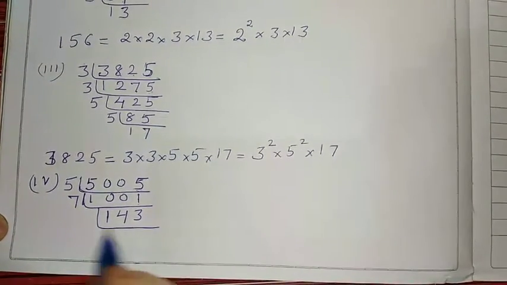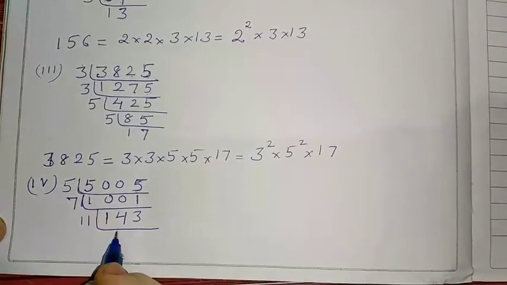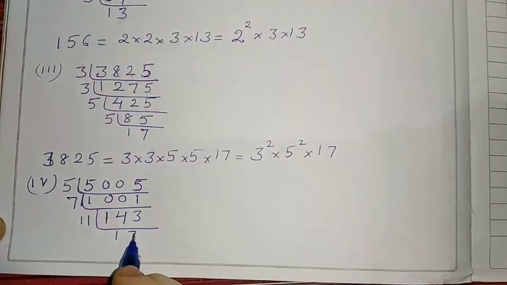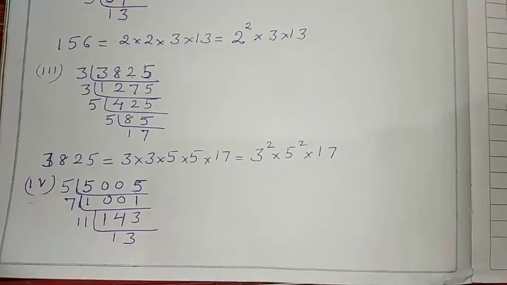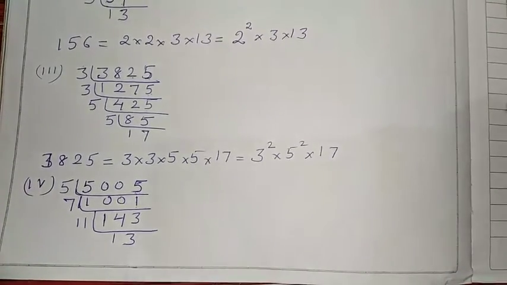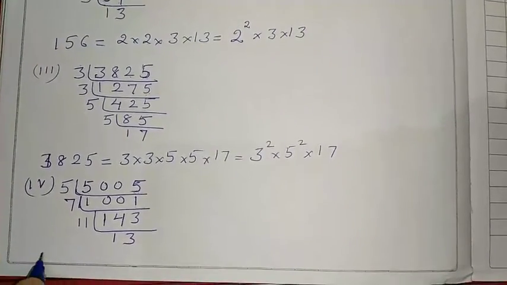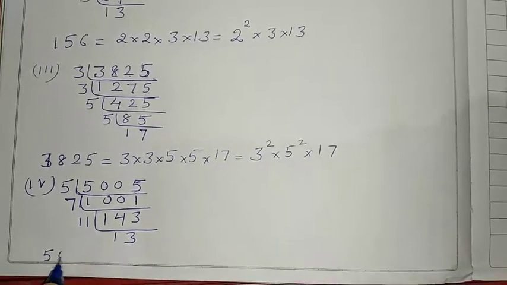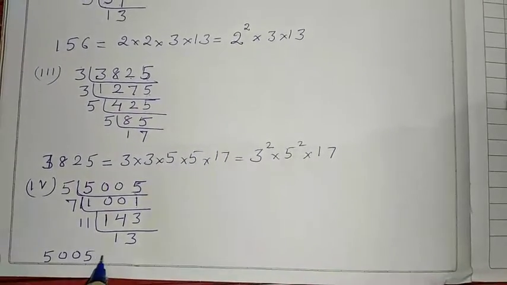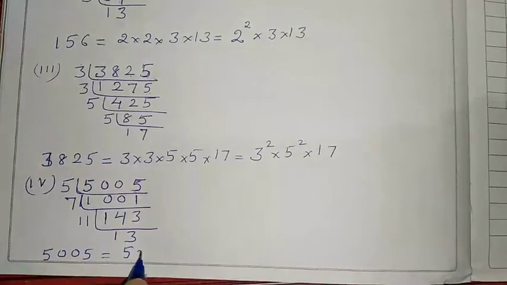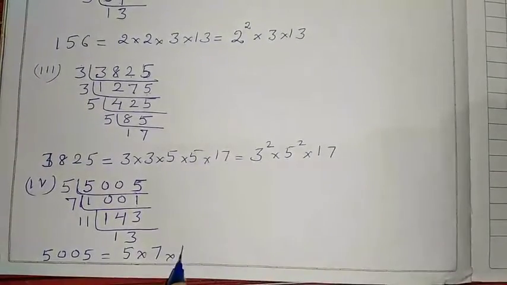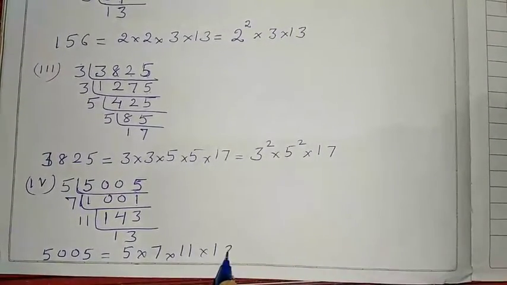Now this is divisible by 11. 11 ones are 11. 11 threes are 13. 13 is a prime number, so it's not divisible by any other number. So the prime factors of 5005 are 5 into 7 into 11 into 13.